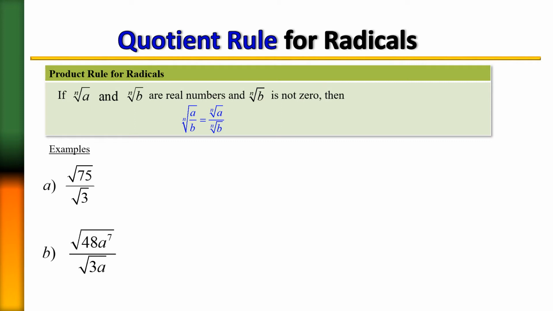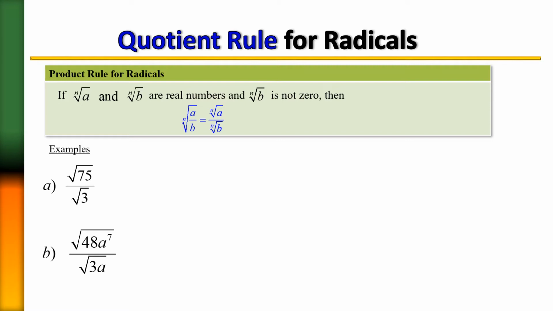Both numbers can be under the whole umbrella of the radical, such as in the first case. Or you may see a radical problem where the top has its own radical symbol and the bottom has its own radical symbol for the number, but still both have the same index. So let's take a look at example 1.